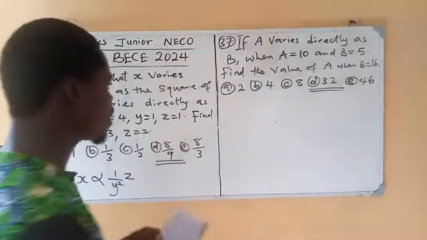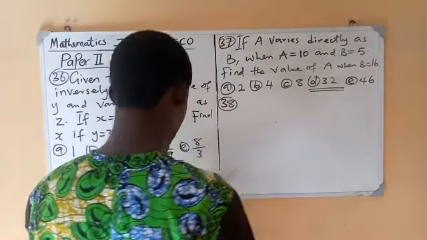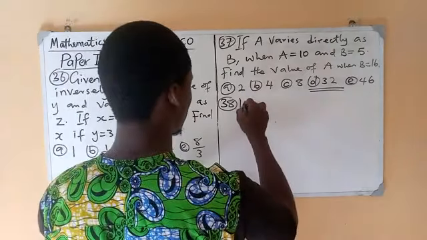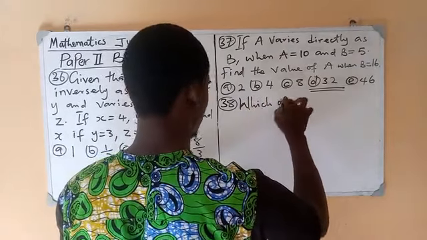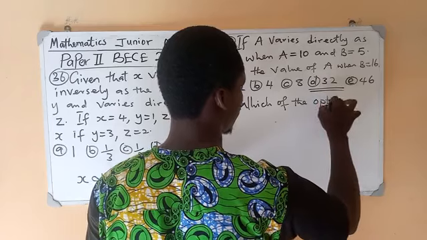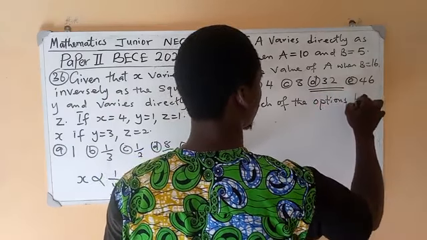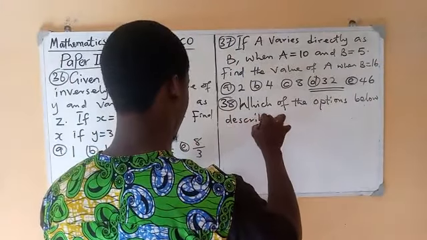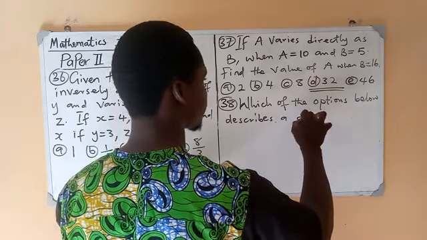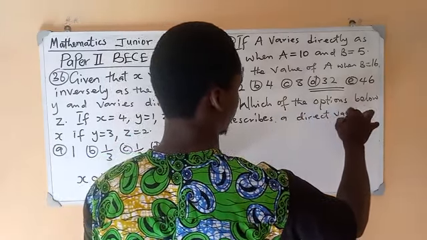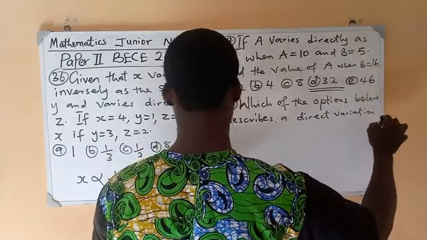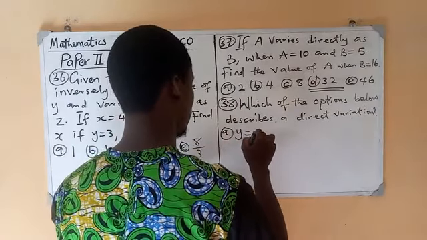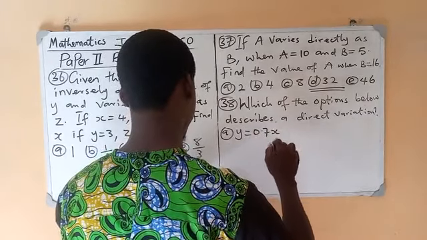Question number 38 says, which of the options below describes a direct variation? A, y equal to 0.7x.